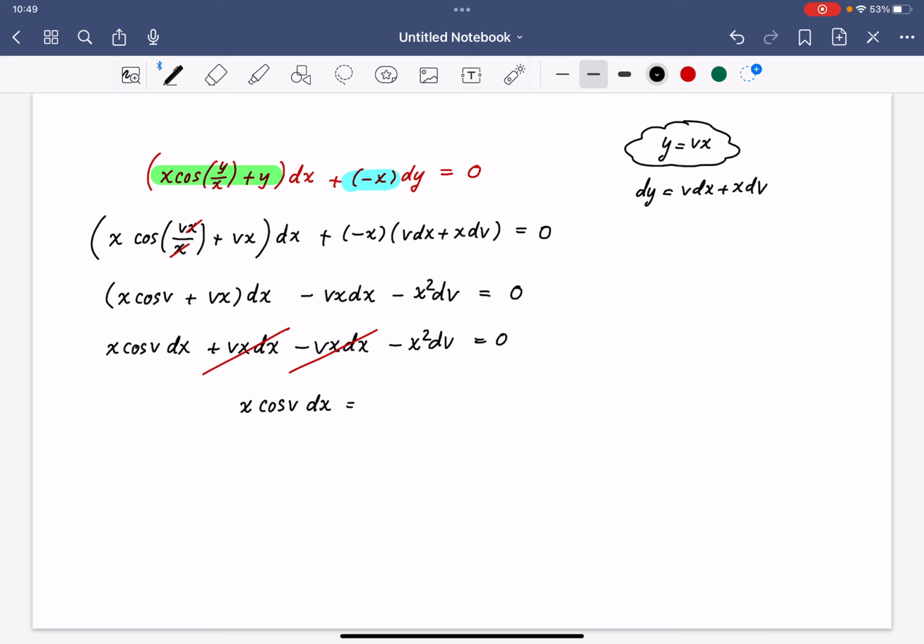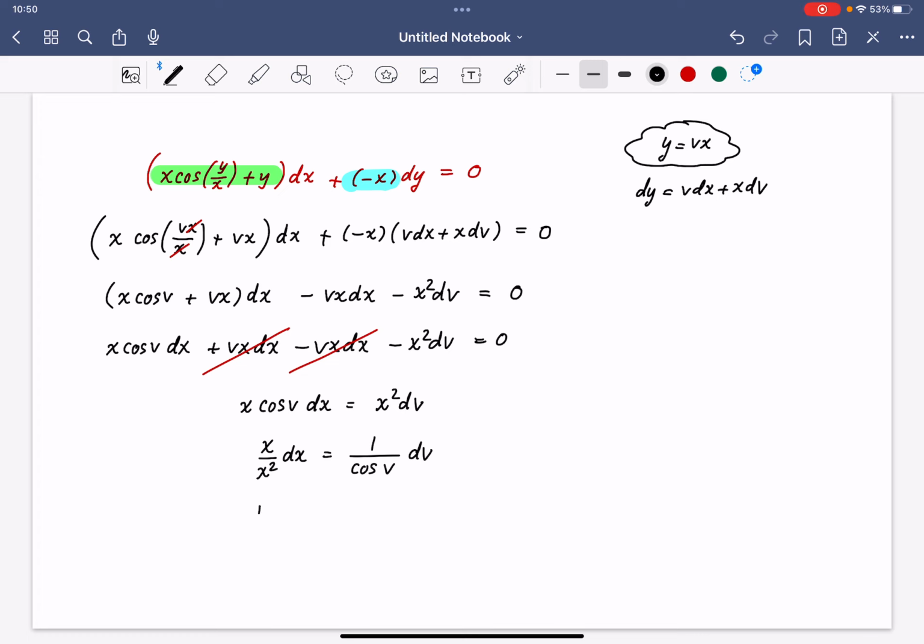You can move x squared dv to the right hand side, so the sign is going to be plus. Now you move everything around, so you have x over x squared dx here, and you have 1 over cosine v dv here.